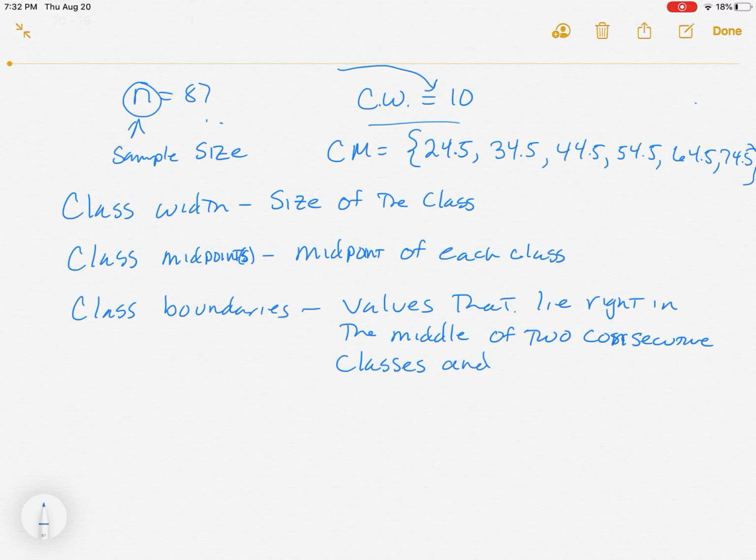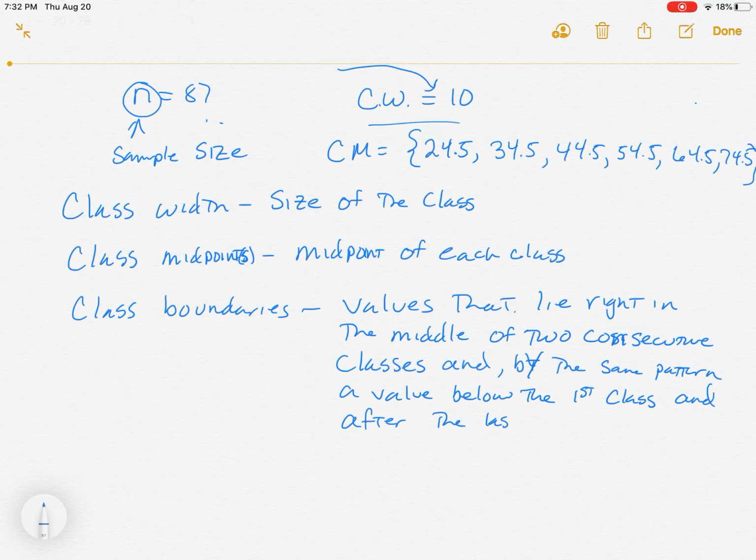And by the same pattern, a value below the first class and after the last class. Okay. So that's again Jensen language. I want it different than what's in the book because I think it might help you.